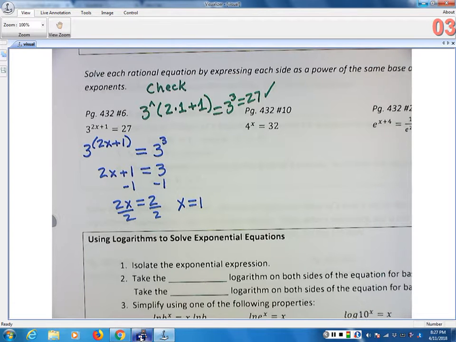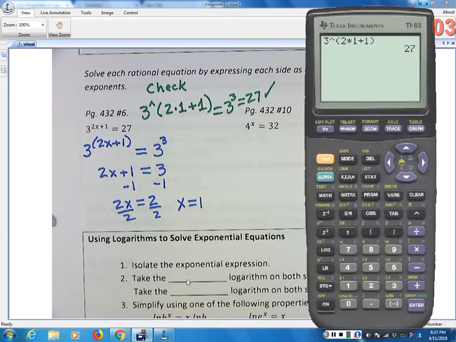Okay, 4 to the x equals 32. So can we rewrite 32 with a base of 4? So we can try it. 4 squared, 16. 4 to the third power is 64. No. Okay, so what else can we do?